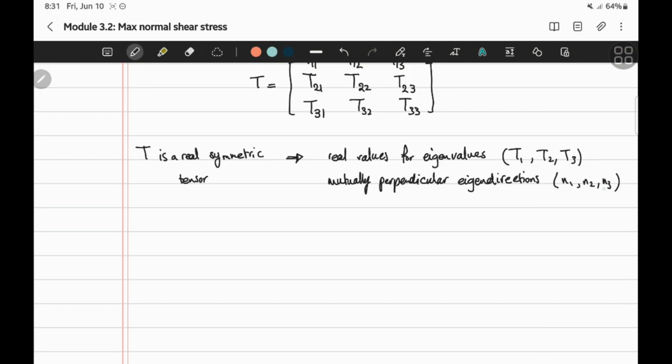And these principal directions are the normals to the plane. So by knowing the normals to the plane, we will be able to know on which plane the maximum or the minimum normal stress act. So if this is N1, we know that this is the plane that it acts on.